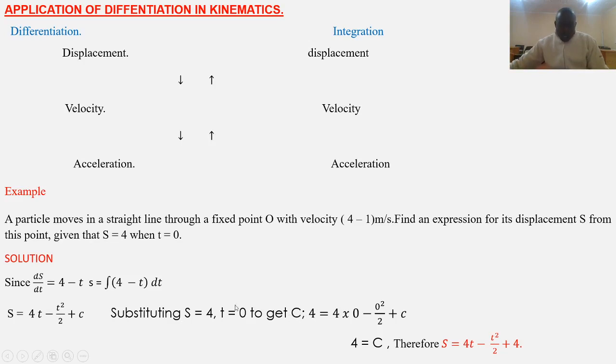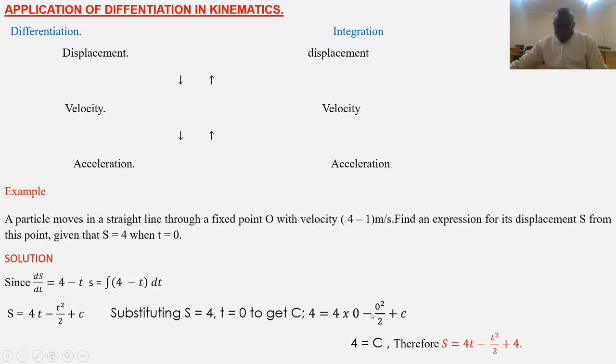So whenever I have an s, this is my s. So 4 equals 4 times 0 minus 0 squared over 2 plus c.